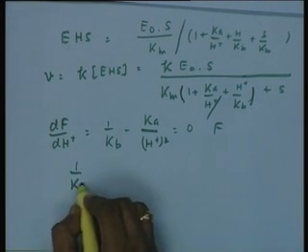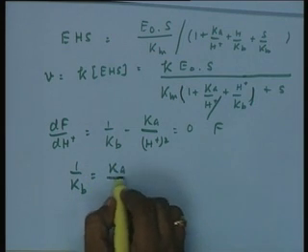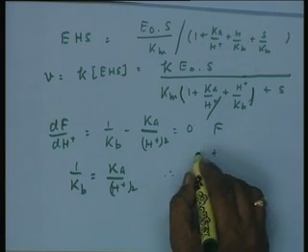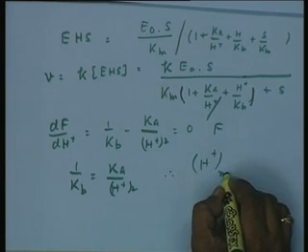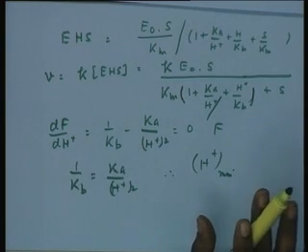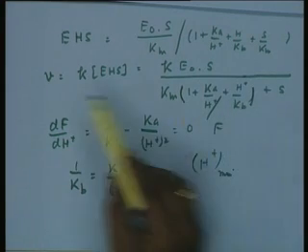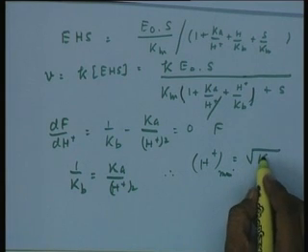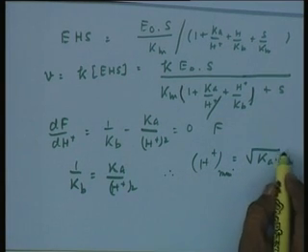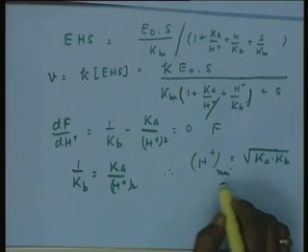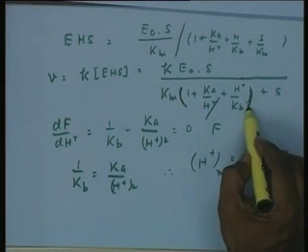If you equate it to 0, you get 1 upon Kb is equal to Ka upon H square. Therefore, the hydrogen ion concentration which gives this function f its minimum value is given by the square root of Ka into Kb.